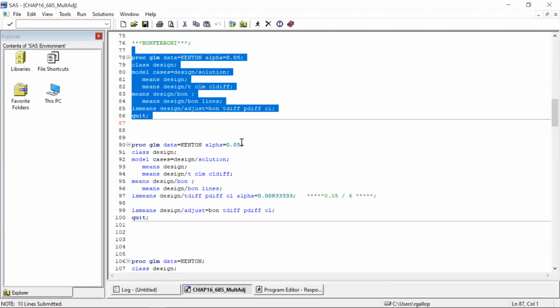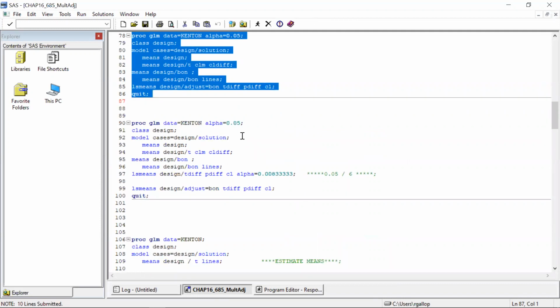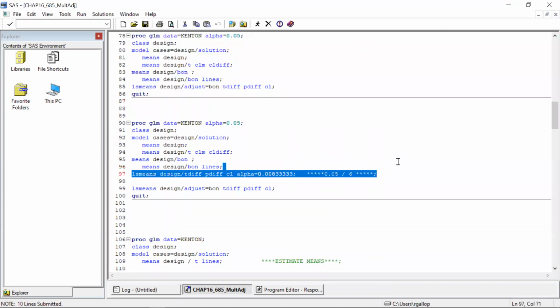Now, one of the things we see as well is that I could do the Bonferroni manually myself. Line 97 is doing the Bonferroni manually, where I take the original alpha level, 0.05, divided by 6. 0.05 divided by 6 gives me this.